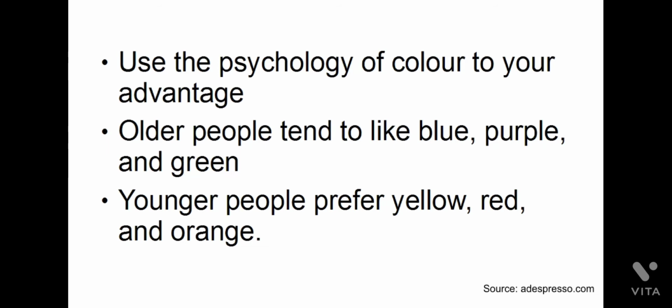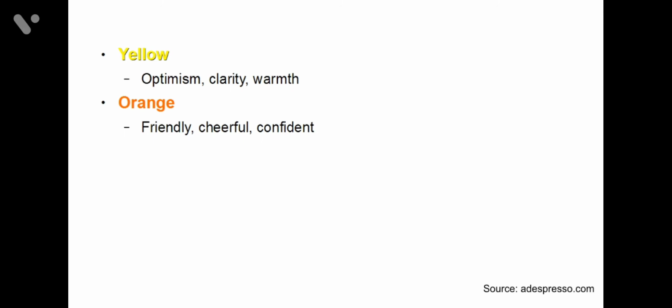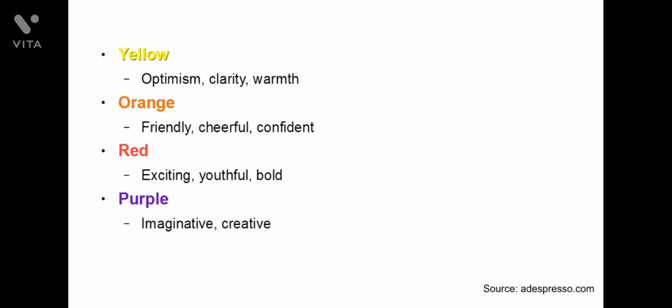In fact, you can take it a step further because different colors tend to relate to different things. For example, yellow tends to convey optimism, clarity and warmth. Orange is considered friendly, cheerful and confident. Red is exciting, youthful and bold. People associate purple with things that are imaginative and creative.